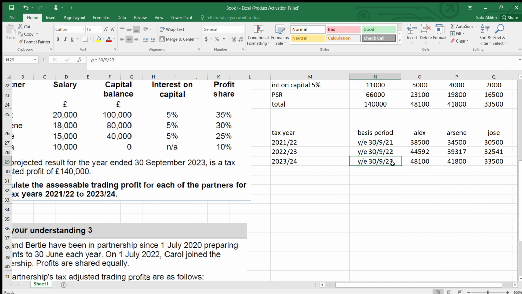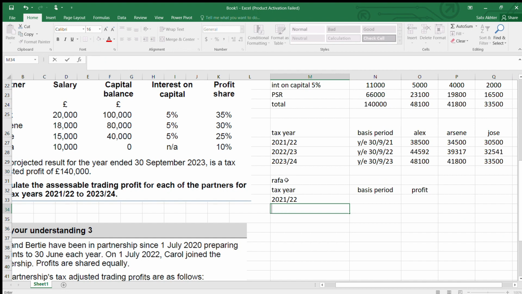Now, for Rafa: tax year, basis period, and assessable profit. '21-22, '22-23, '23-24.